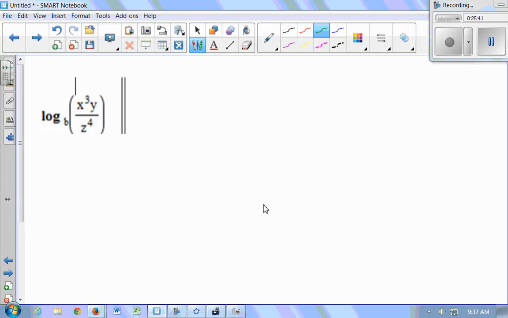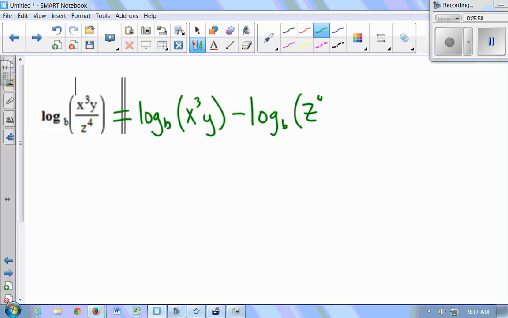So I'm going to get rid of this fraction by rewriting this as a subtraction problem instead of the division. So this is going to be log base b of x cubed y minus log base b of z to the fourth. All right, so it's just one thing. I just simplified the division part.